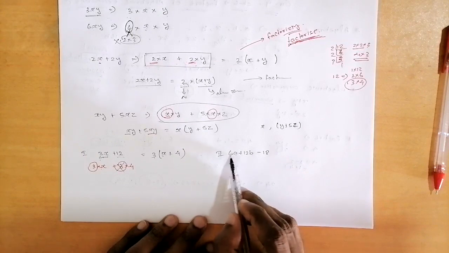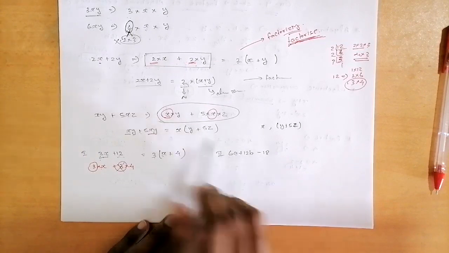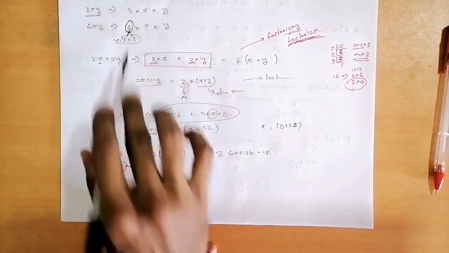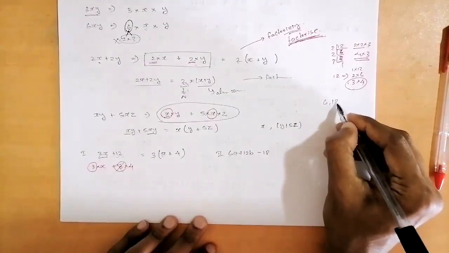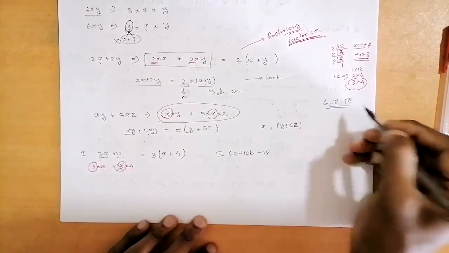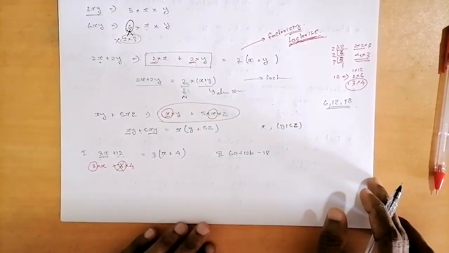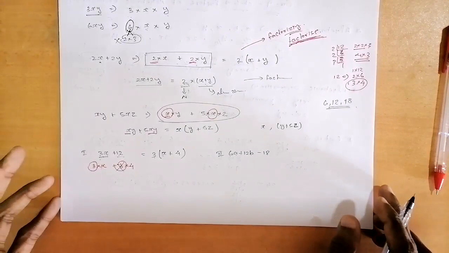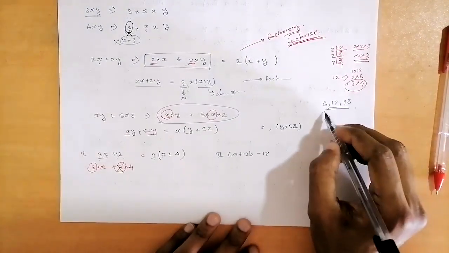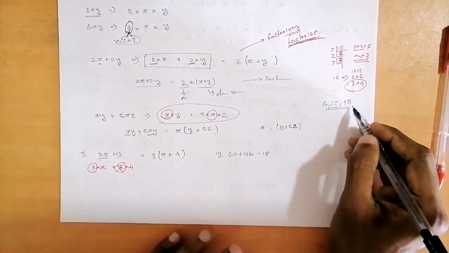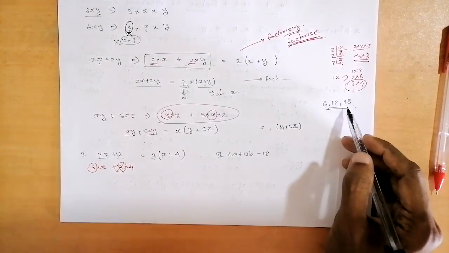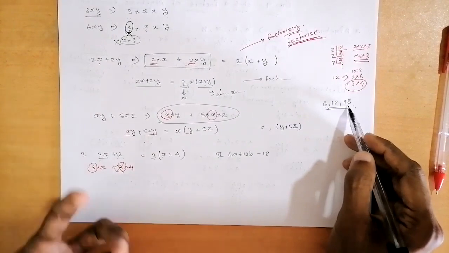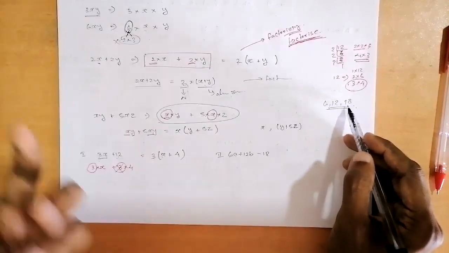You know how 6a is built, and how 12b is built. If we check 6, 12, 18, a bell is ringing on your head. So which value is common? 6, 12, 18, 6 is the common value.